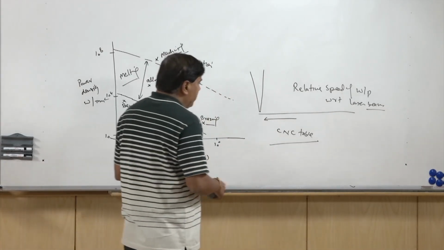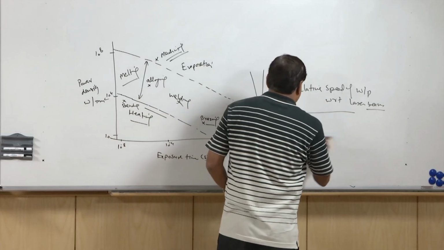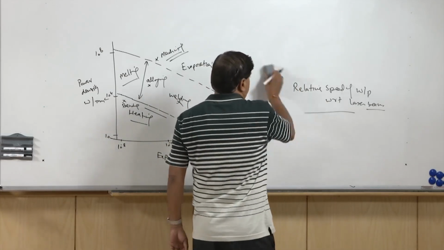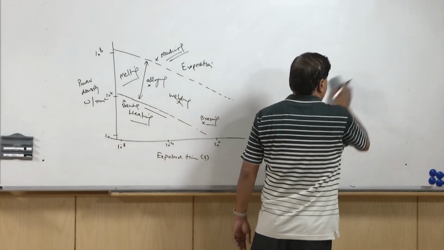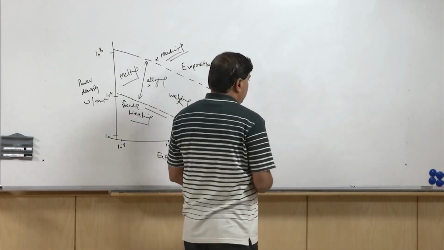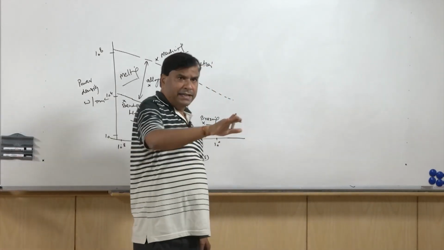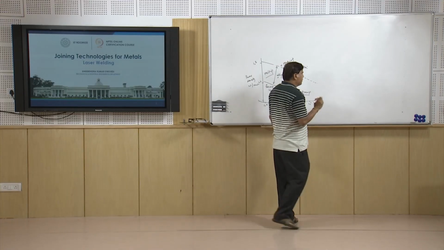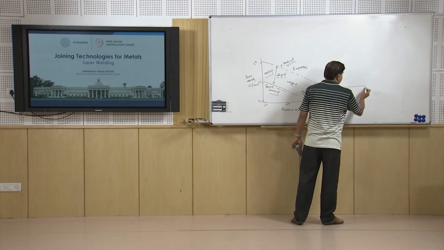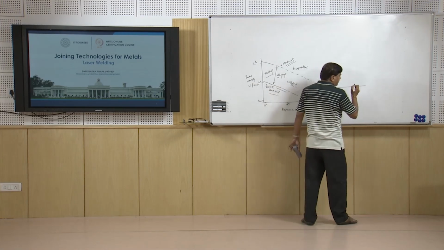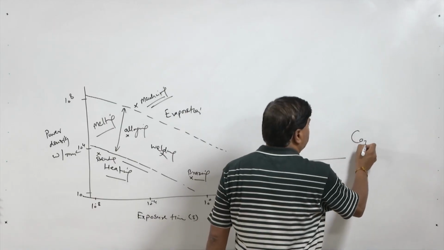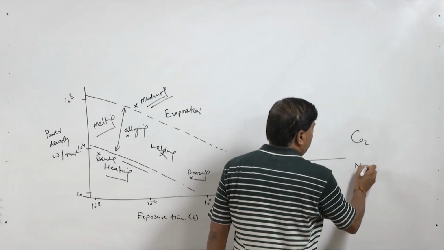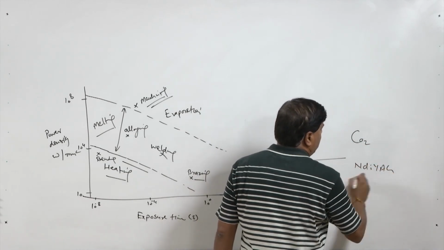So depending upon the combination of the power density and the scanning speed, suitable joints are made. For example, we may use the CO2 laser or Nd-YAG laser.